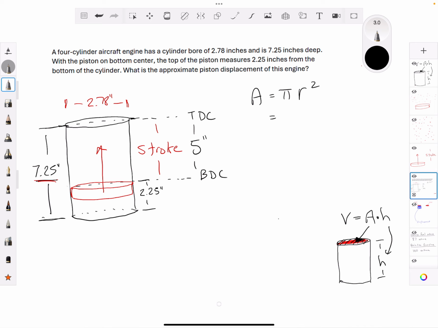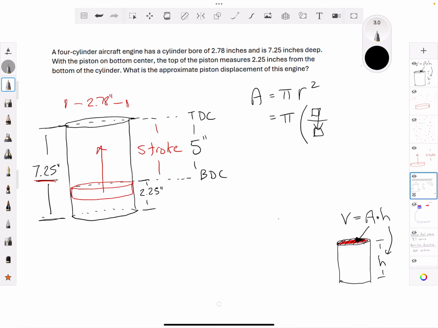So in my calculator, again, I'm using the TI-36X Pro. I'm going to hit pi. So pi is located near the 7, a couple up. It says complex on top. Pi, then I'm going to hit open parentheses. Then I hit the fraction button, which is located above 7, and it's going to open with these 2 empty boxes. In the top box, I'm going to put the bore, 2.78.